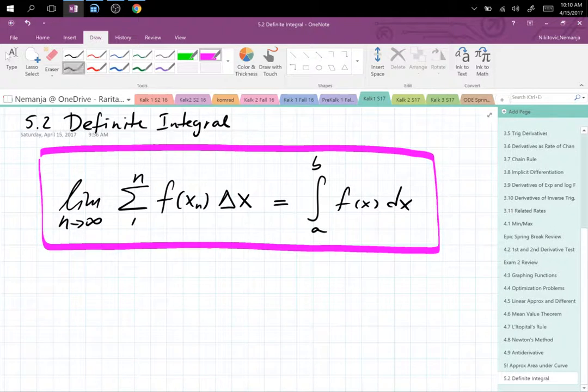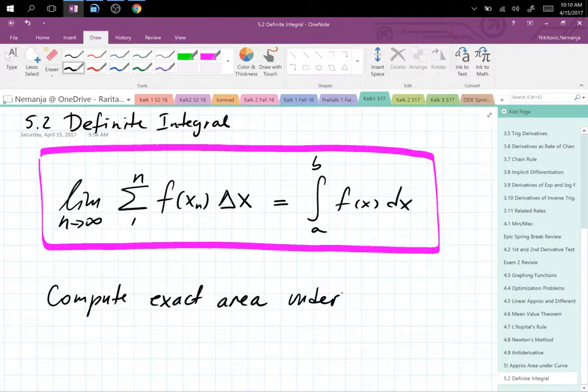We're going to compute the exact area under f of x equals x squared minus 2 on the interval 3 to 7.